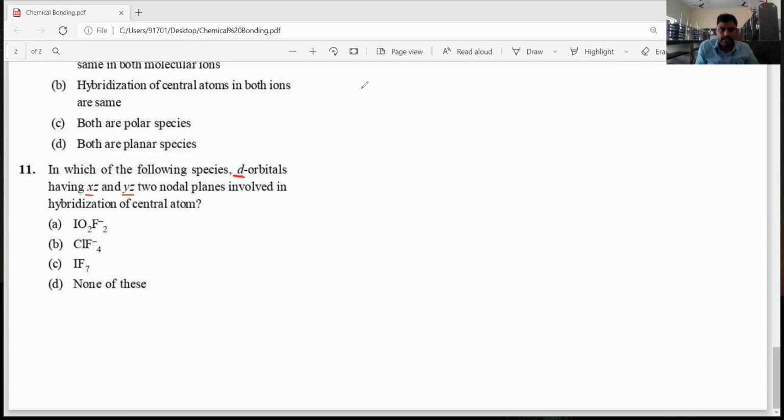So xy and yz nodal planes are present for the dxy orbital.